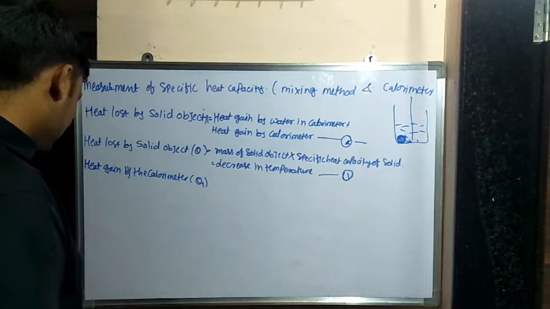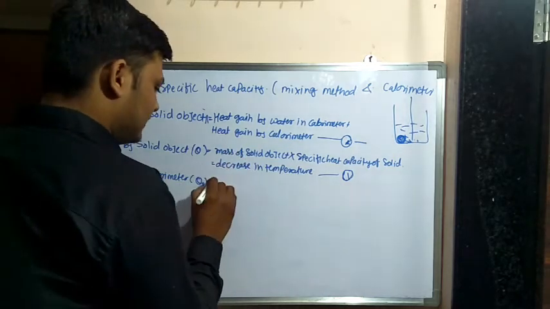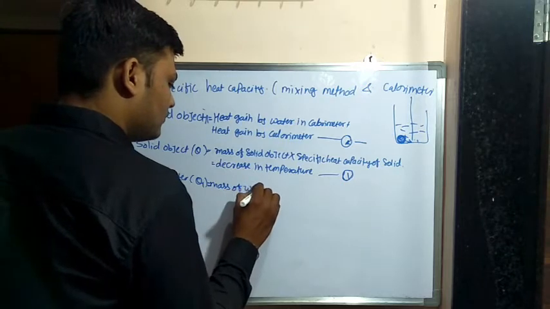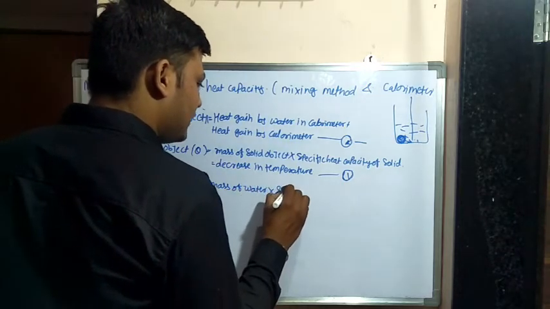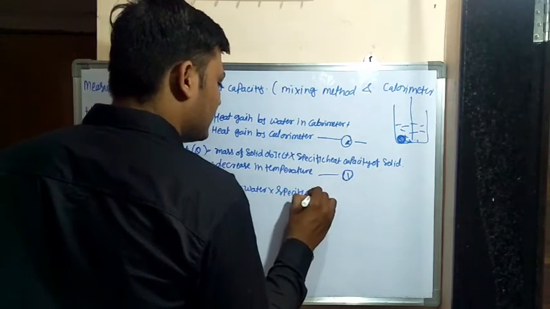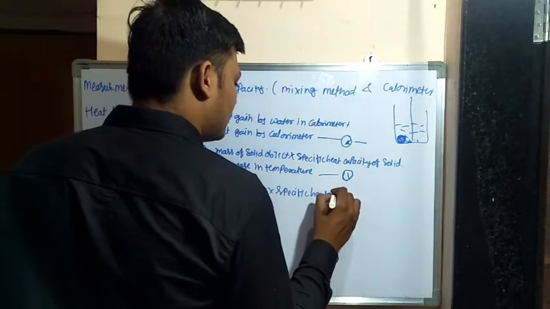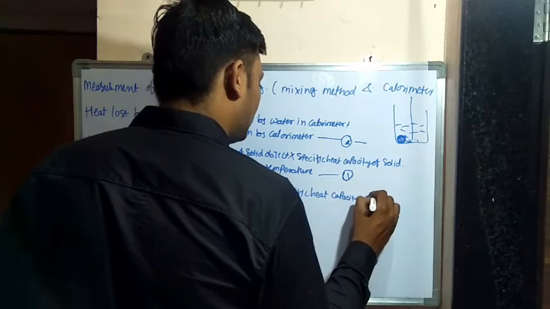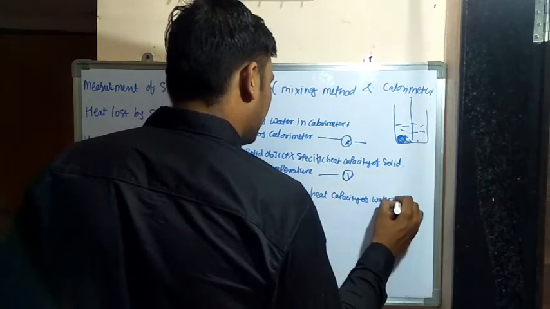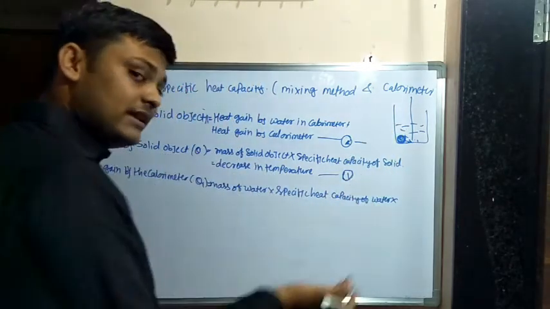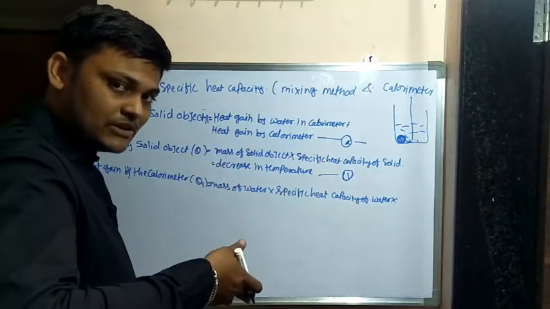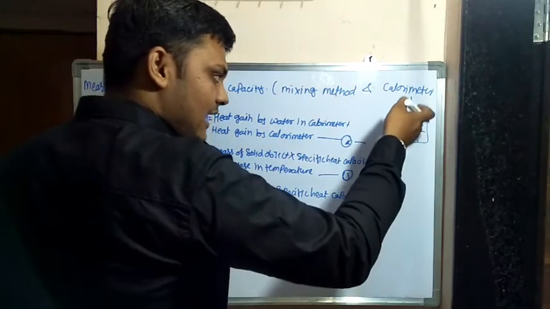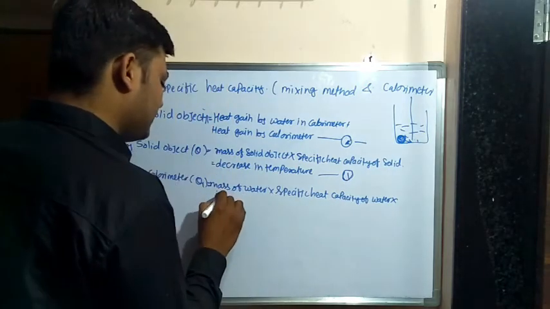Q1 also depends on the same three factors: mass of water into specific heat capacity of water into the temperature change. Now, does the water increase or decrease in temperature? Of course, the solid decreases and the water increases, so it is the increase in temperature.